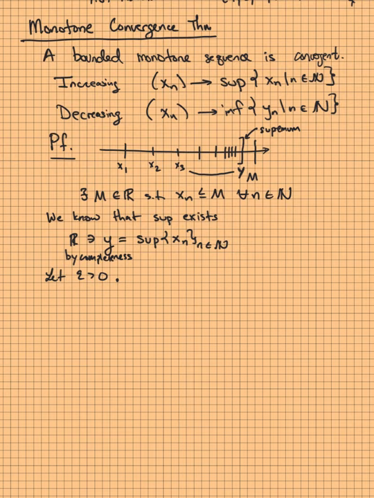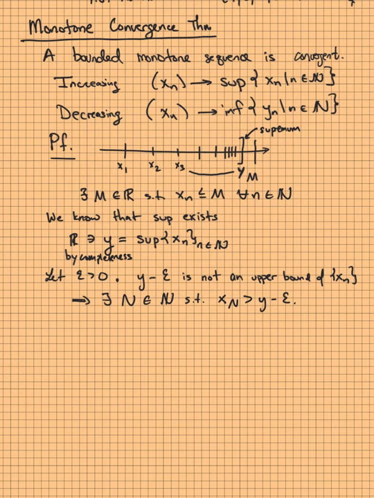In particular, y minus epsilon is not an upper bound of the set xn, so there exists an N in the natural numbers so that xN is greater than y minus epsilon.